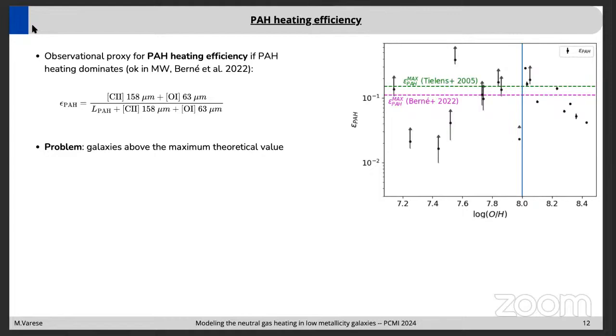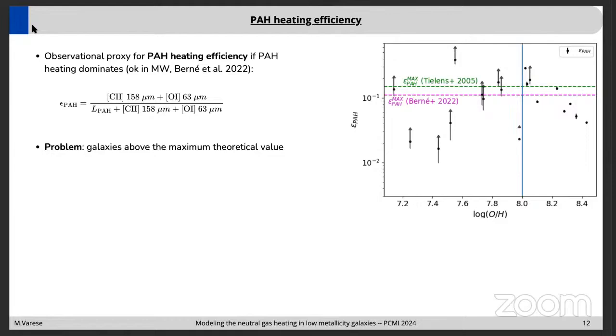So first, we had a look at the PAH heating efficiency, because in the Milky Way, as I told you, the dust dominates the heating, and the dust heating is dominated by PAHs. And we have an observational proxy to estimate the PAH heating efficiency, which depends on the PAH luminosity, C2 luminosity, and O1 luminosity.